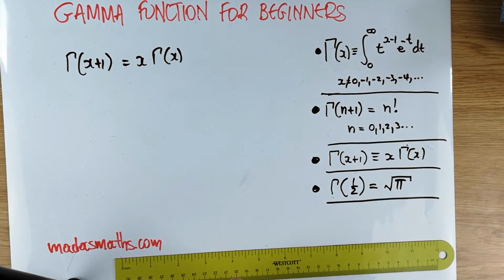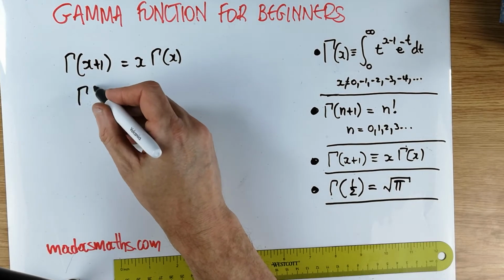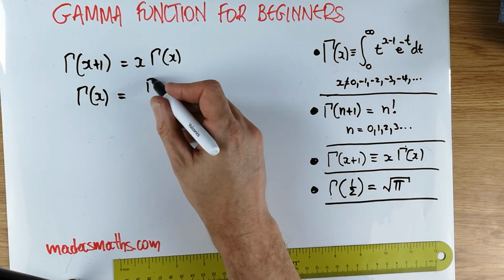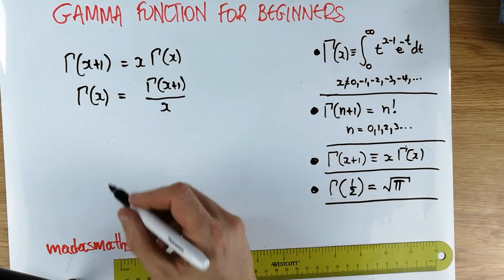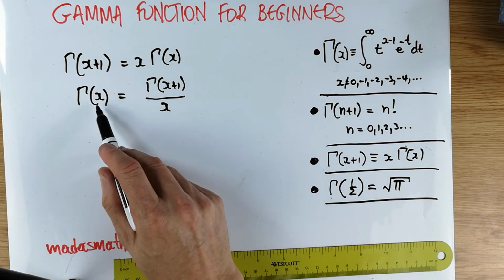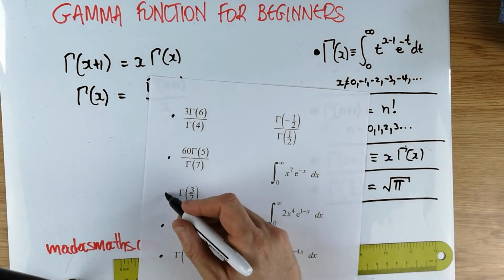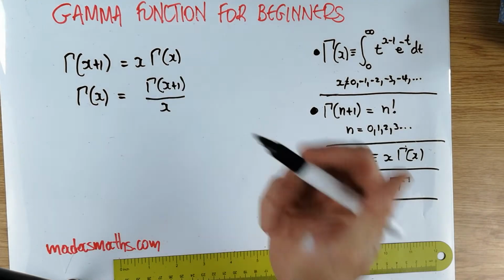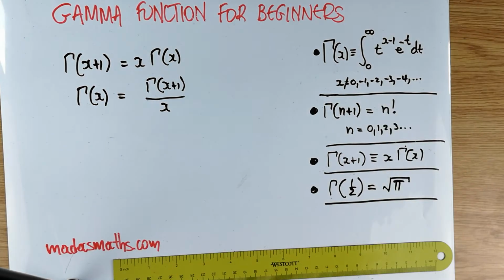And because we want to go in the opposite direction, we can actually say, you know what, your gamma of x, which is the smaller x, is the same as the gamma of x plus 1 divided by x. So if we're starting now with, what was the question? Gamma of -3/2, this one here. Okay, we could be going in and using this formula instead. It would have been much nicer and much easier. I didn't think about it. I've just done it with a lot of messy stuff in here, but I hope you followed it.